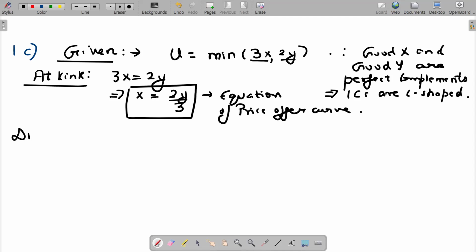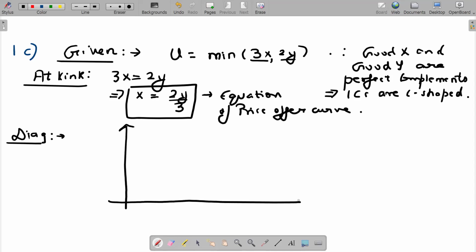If I draw a diagram to help students visualize this, you can clearly see that this is good X, this is good Y. Okay, the ICs are L-shaped and the kinks occur at the following points. So I can say the kink points will be what?